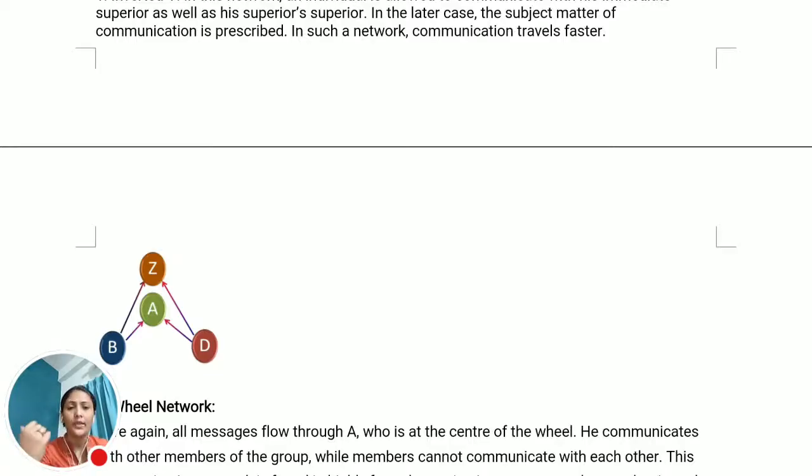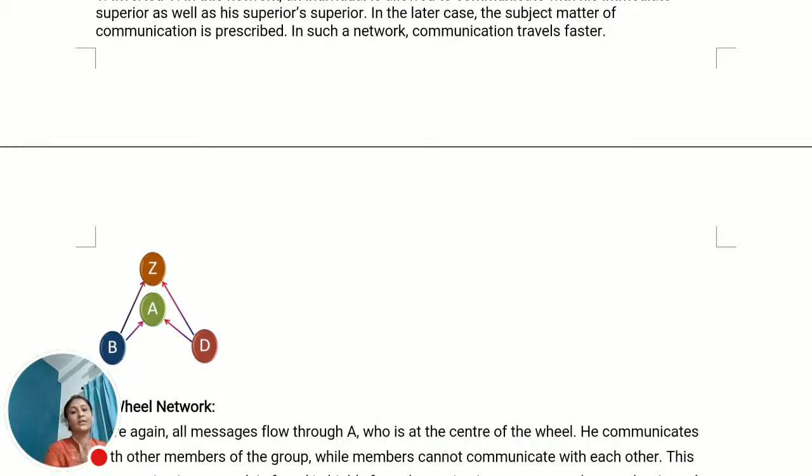So A is superior and Z is the super boss, boss of A also. So you can see in the diagram that B can communicate with A, B can communicate with Z as well. Similarly, D can communicate with A and D can communicate with Z as well. So here the subordinates can communicate with their superior as well as their super boss or the super seniors too.